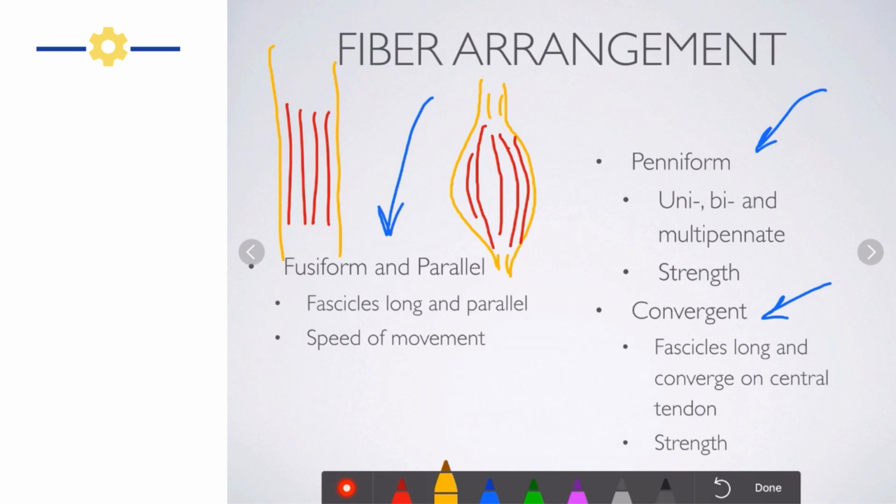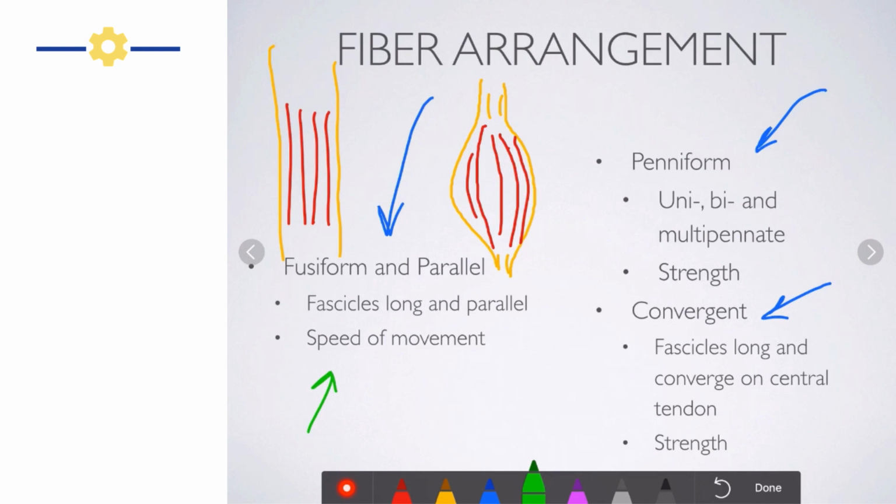This type of fiber arrangement is really geared towards speed of movement. They aren't our most powerful muscles, but they are our fastest muscles because, again, for every 1 inch of shortening of the muscle fiber, we get 1 inch of shortening of the muscle as a whole.